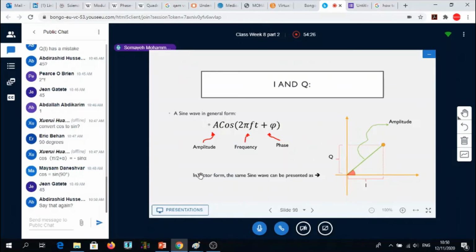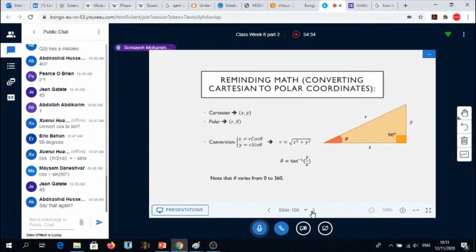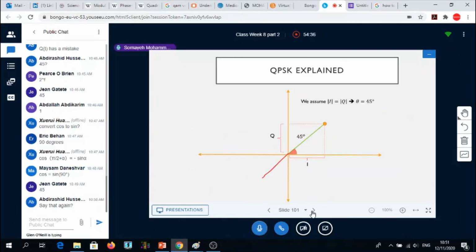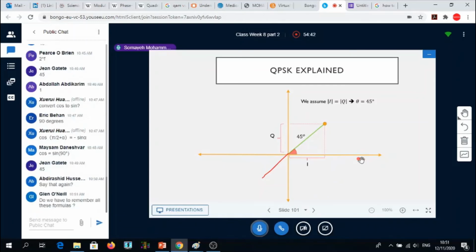Now, looking back to vector perspective, I want to change the phase, right? I want to change the phase by adding 90-degree and subtracting 90-degree.